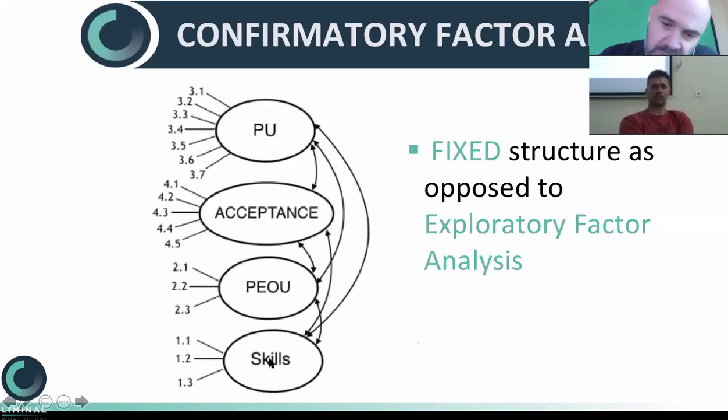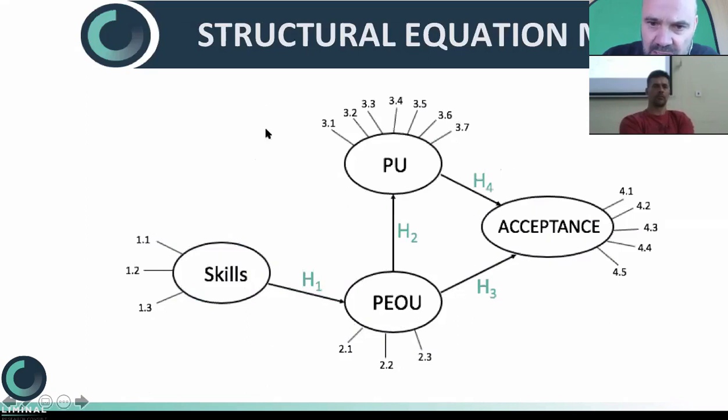If you got this out of the exploratory, you confirm it again with another study. But people sometimes just skip this confirmatory factor analysis and jump straight into the structural equation model, because the confirmatory is sort of part of this. So you can do exploratory factor analysis in the first study, and then the same as the second one, for instance, if you want to do it properly.